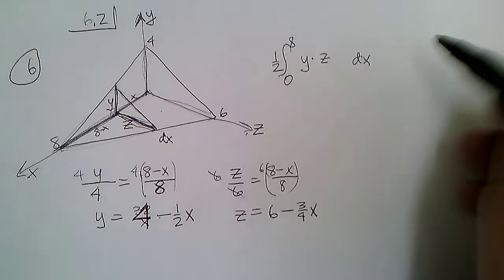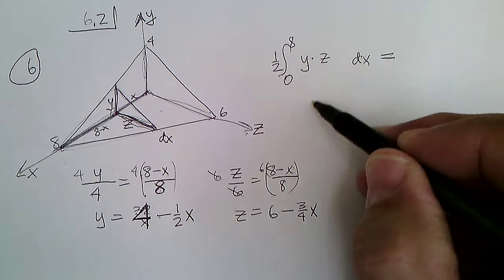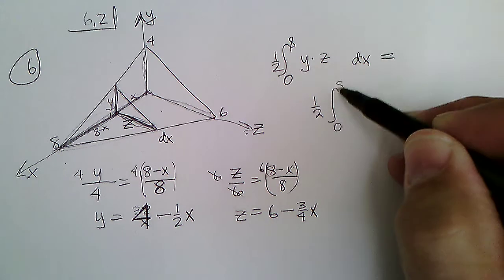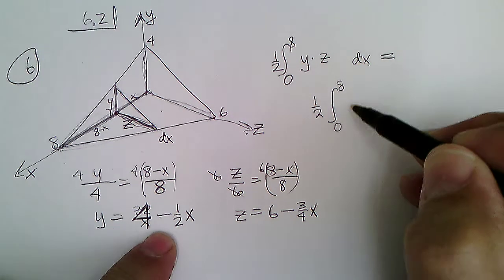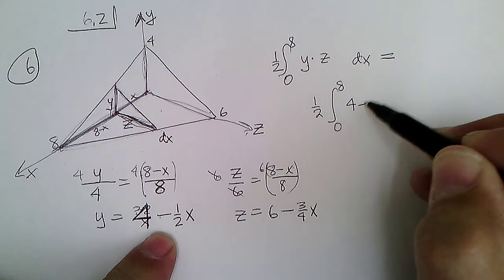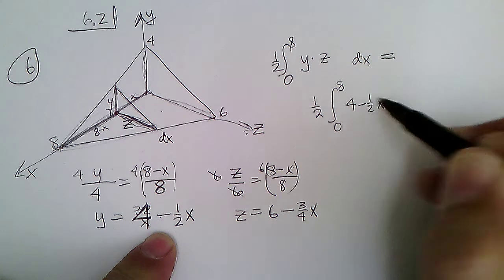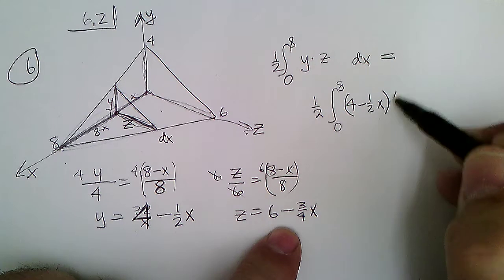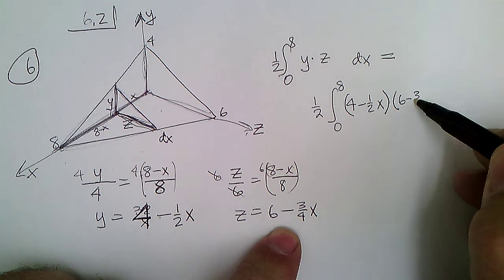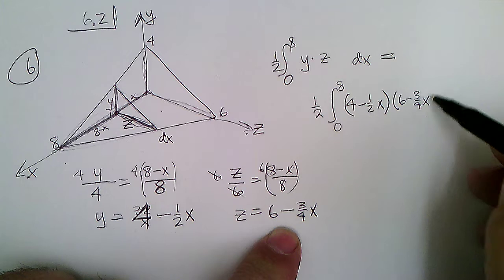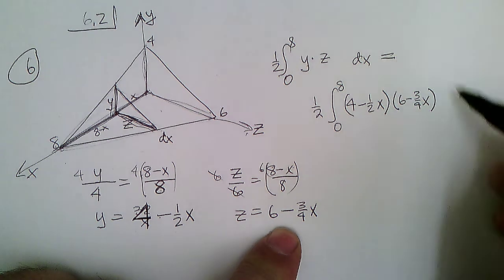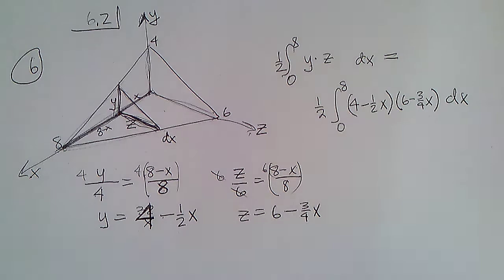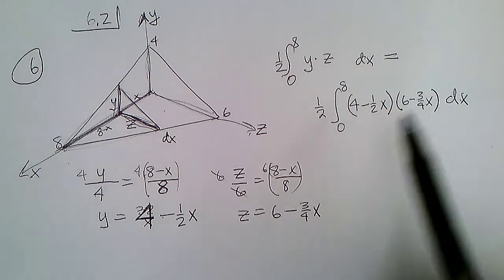So now this integral that we had up here becomes 1/2 integral from 0 to 8, y is 4 minus 1/2 x, and z is 6 minus 3/4 x, dx. Now I have an integral that I can do because it's all in x with x.